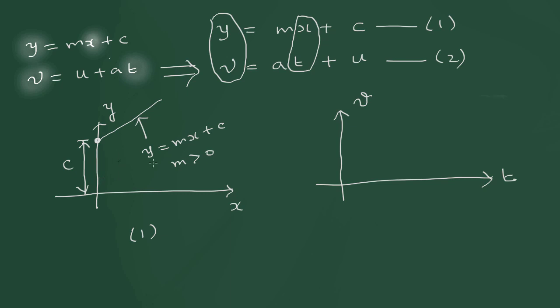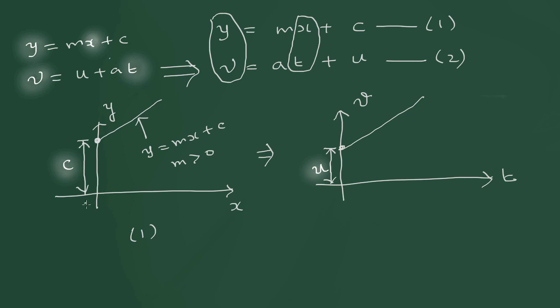That means the y equal to mx plus c equation can be plotted as v equal to at plus u. Instead of u plus at, you write it as at plus u, so that things are clear. And when you are plotting in a similar manner, you will be drawing a line like this. And this particular distance from here to the origin will be equal to u. So here you have a c, corresponding to that here you have a u.